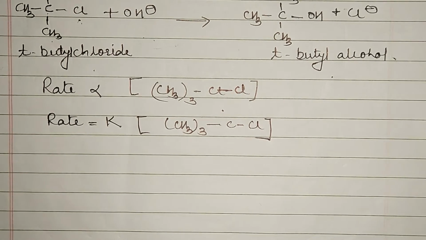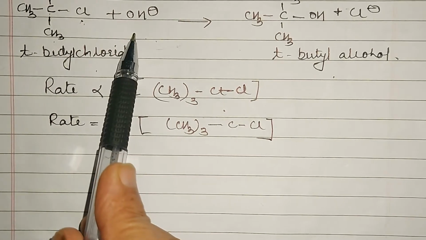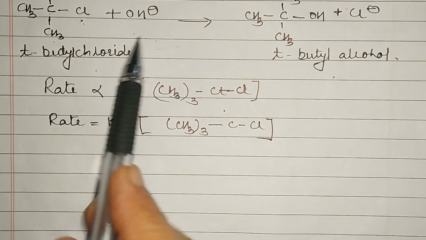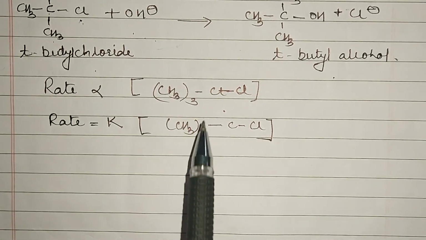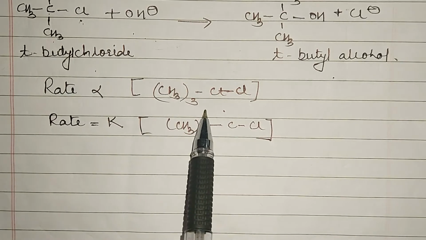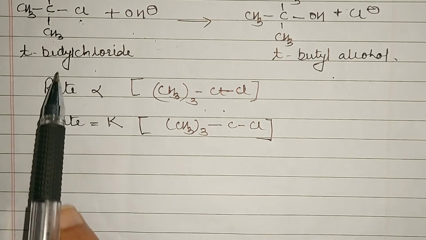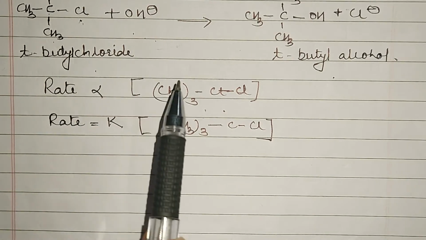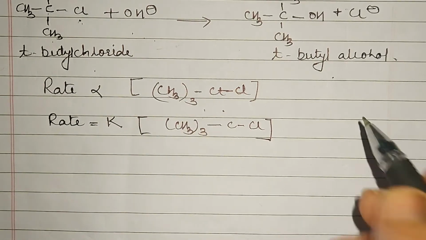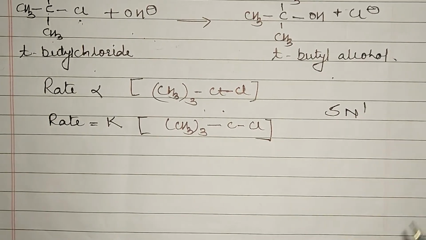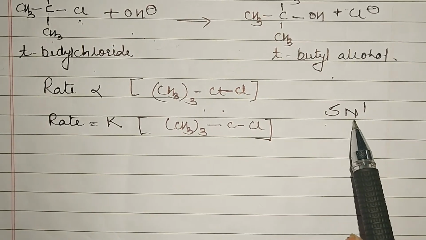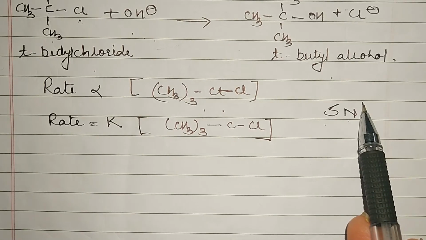This reaction is a substitution. The attacking species is a nucleophile, and the rate of reaction depends only on the concentration of a single molecule, that is the substrate, tertiary butyl chloride. Therefore, this reaction is an SN1 reaction, that is substitution, nucleophilic, unimolecular.